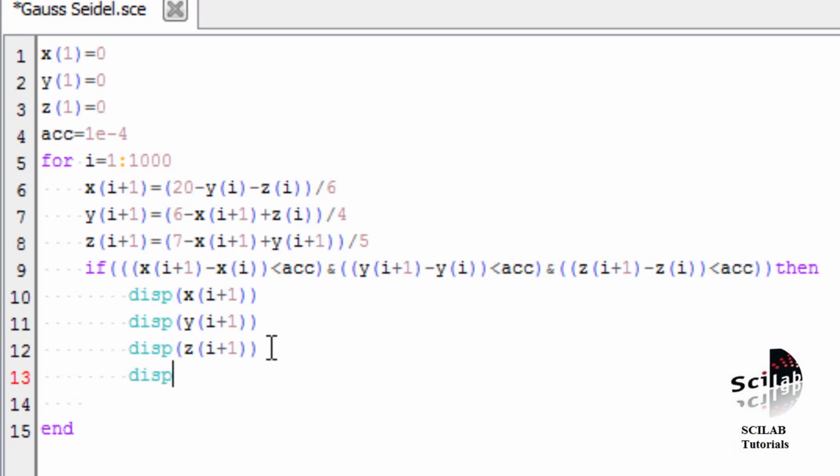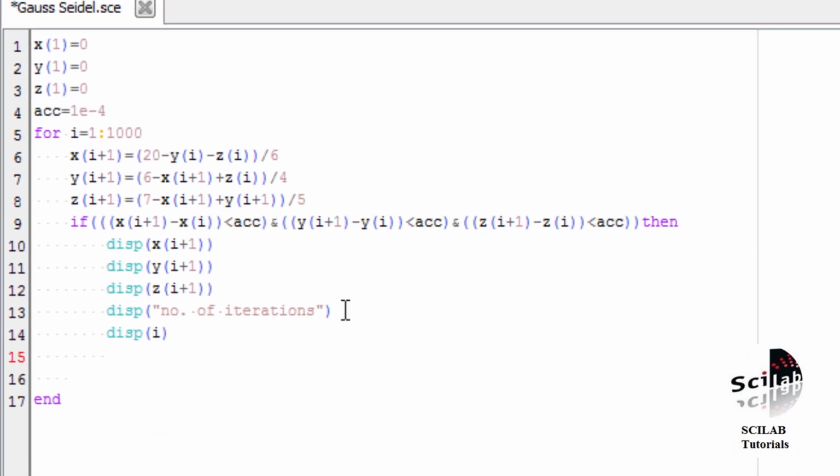Now I also want to display the number of iterations after which we are getting the desired result. So once we display x, y and z, the solution of the system of linear equations, and the number of iterations, I want the program to stop. So I will use the break command. The program will come out of the loop and it will stop.